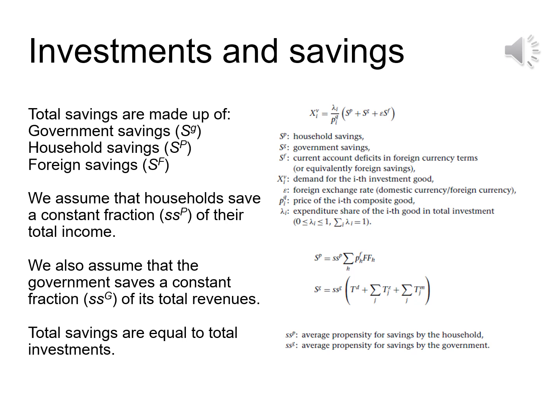So SSP is the constant saving rate of the households, SSG is the constant saving rate of the government, and we just assume that these are not changing. Actually, we call such saving rates the average propensity to save.